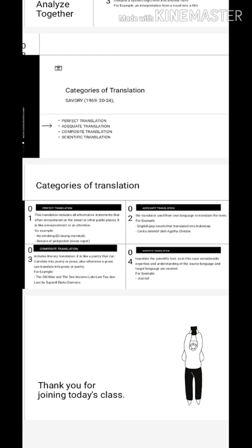The purpose of this translation is to make all aspects of the source language text switch into the target language text. All aspects here include the message and the meaning. Okay, that's all my explanation about categories of translation, and the next category will be explained by my friend.